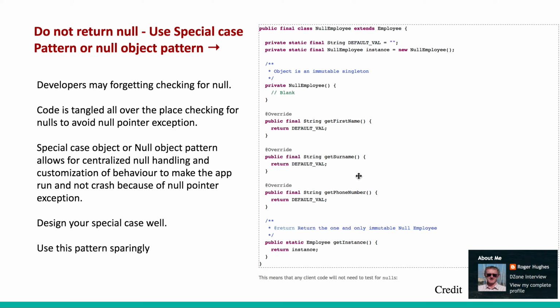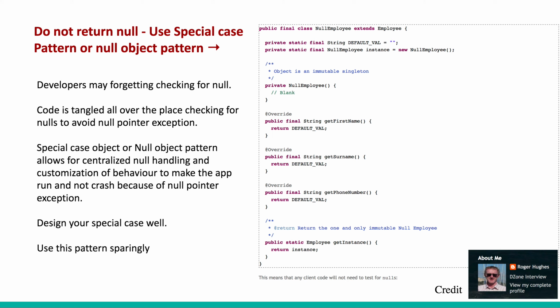This avoids null checks everywhere in your code, and also enables you to centralize null checks and provide unique implementations on how null objects are treated and created and how you monitor them.